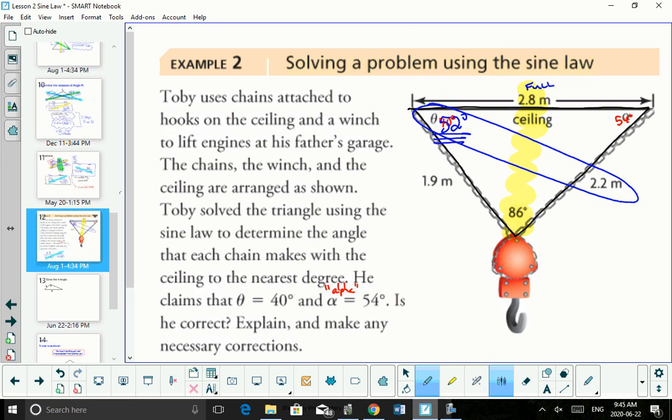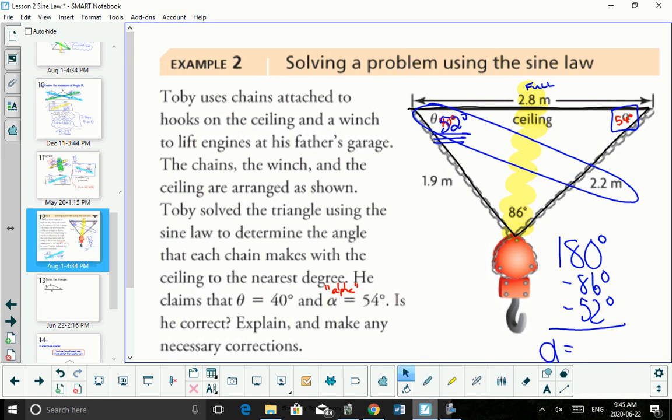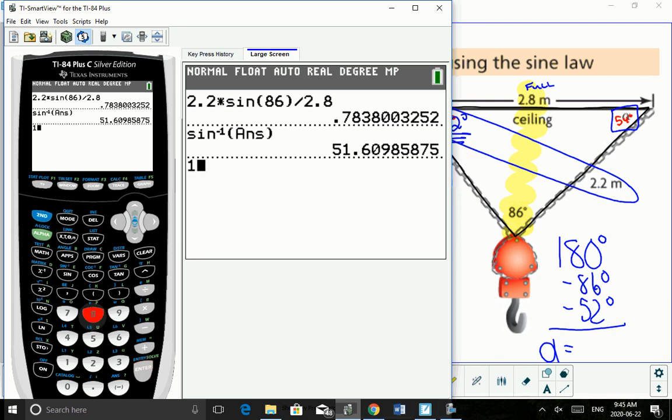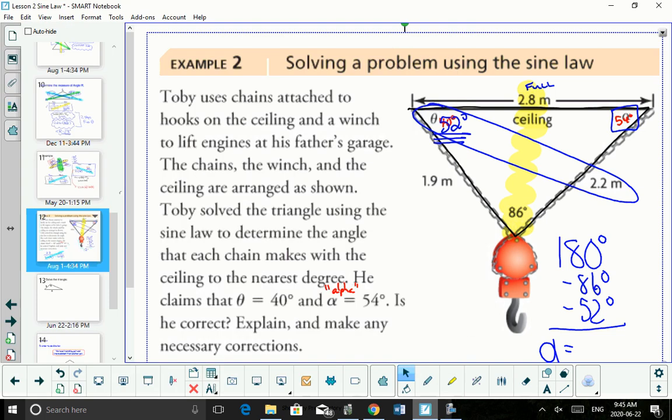Now, do I have to use sine law again to find the third one? No. You know the corners of a triangle have to add up to 180. So if I go 180 minus 86 minus that 52 that I just found, then alpha is going to equal 42 degrees.